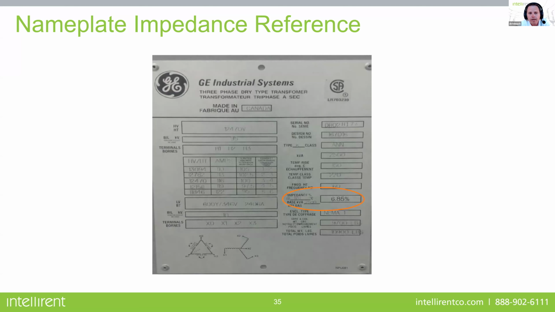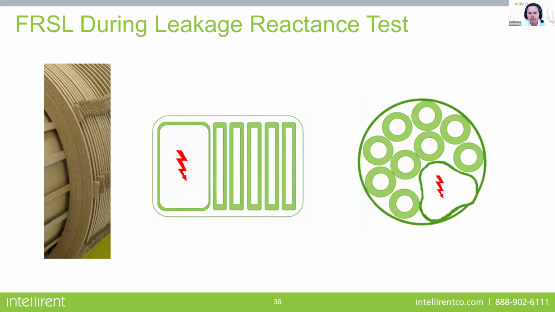And then the software will calculate the three-phase equivalent, which should match 6.85. And then the per phase, I would do each phase independently. So I do A phase and just short A phase, B phase, just short B phase, C phase, just short C phase. Again, what's nice is with a modern test set, things have evolved, leakage reactance.